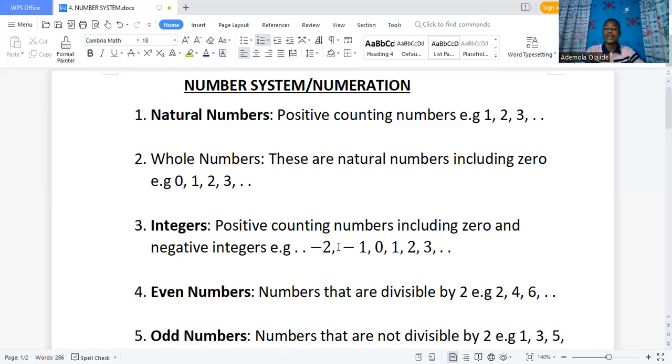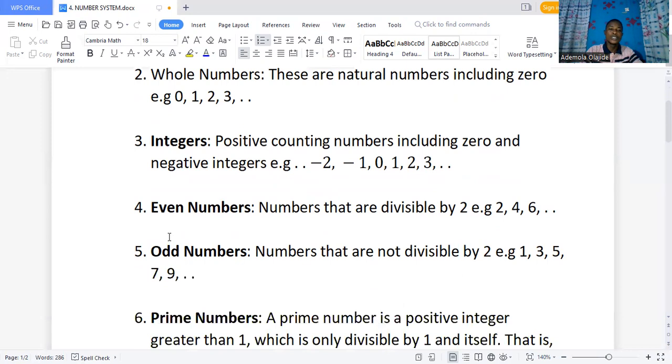When you talk about decimals, decimals contain 2 parts: we have the whole number part and we have the fraction part. The numbers after the decimal point are what we call the fraction part, while those before the decimal point are the whole number part.